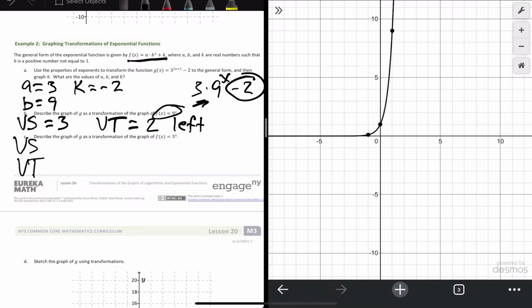Okay, so now we have a horizontal scaling here. And what is our vertical scaling? Our vertical scaling is still going to be 3. Our vertical translation is going to still be 2.